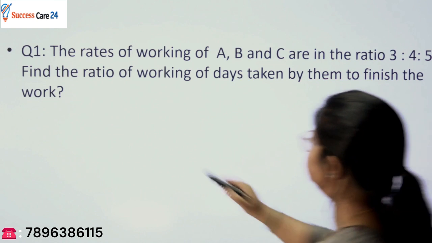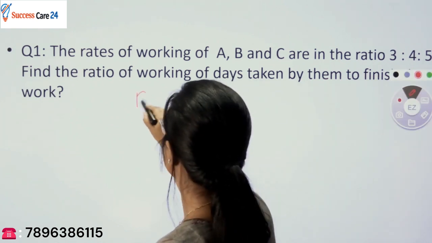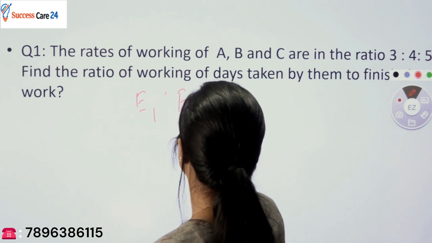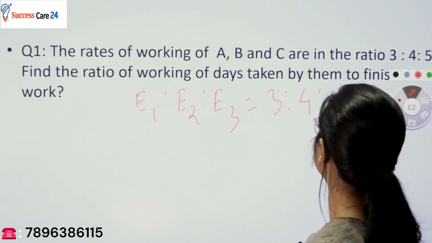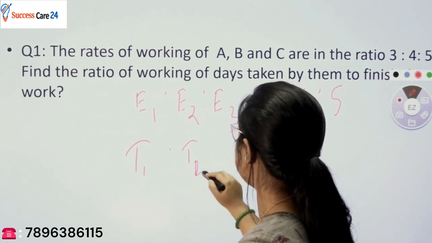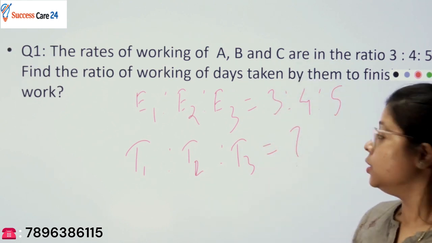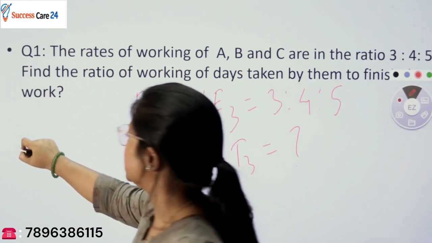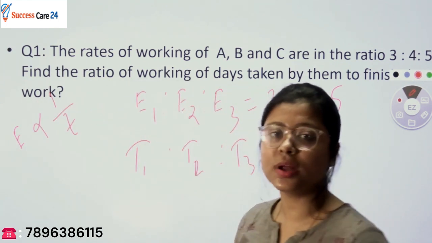That means the ratio of the efficiencies is 3:4:5, and you are asked to find out the time taken. We already know that efficiency and time are inversely proportional to each other.